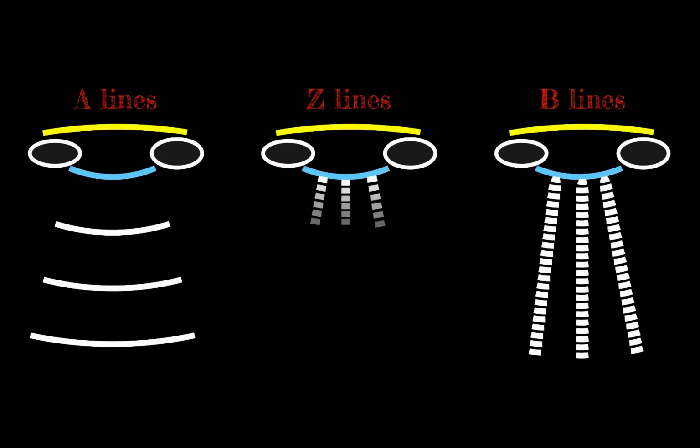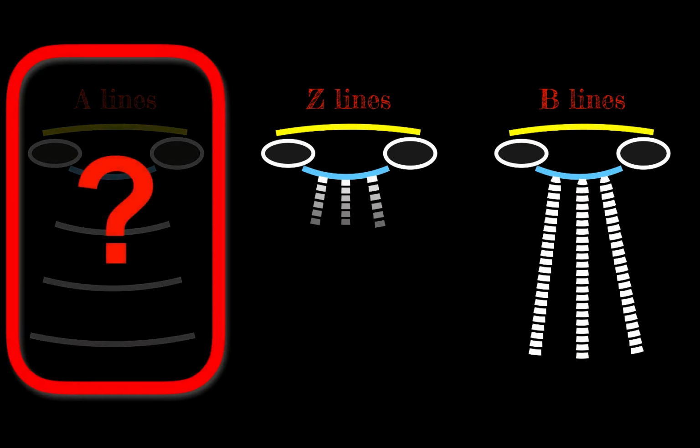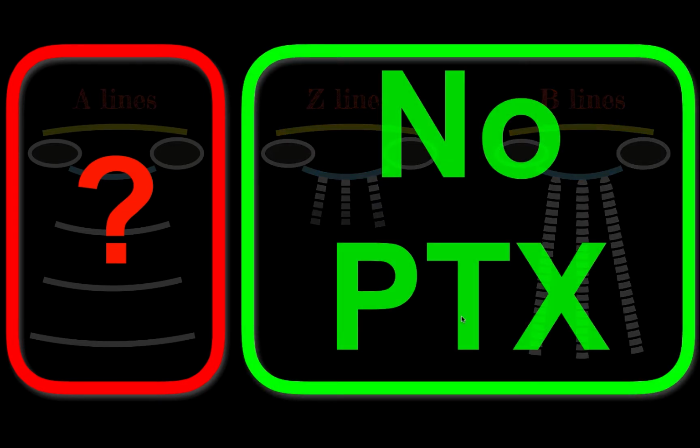Let's summarize this portion. A lines can be present in pneumothorax or no pneumothorax, so they don't tell you anything about the presence of a pneumothorax. However, B and Z lines will both rule out a pneumothorax, and B lines will typically represent very dense and volume tenuous patients.